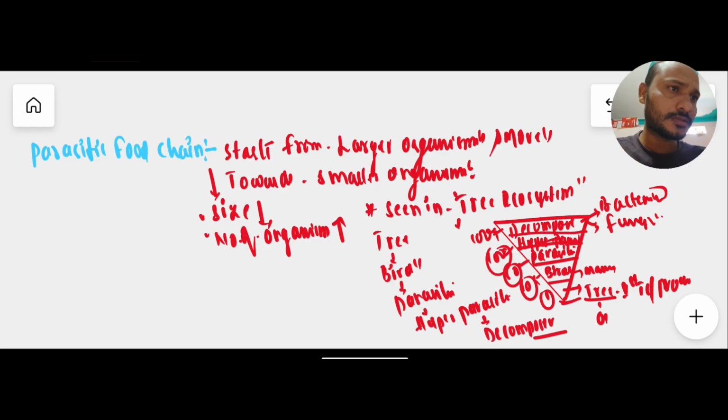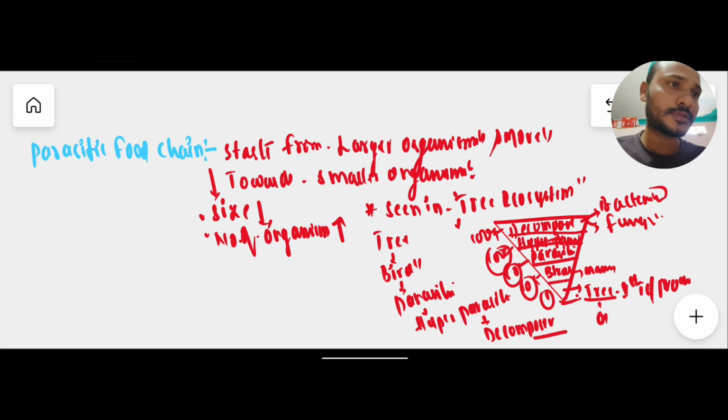Bird size will be less than the tree, and the size of the parasite compared to birds is somewhat smaller. Like that, the size of the organism from bottom to top decreases, and the number of organisms from bottom to top increases.